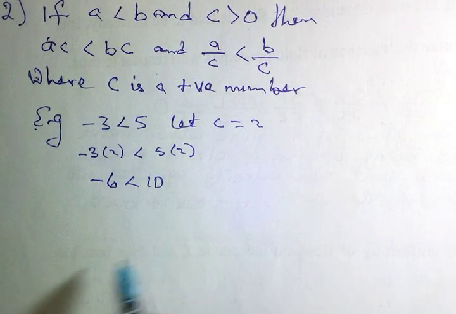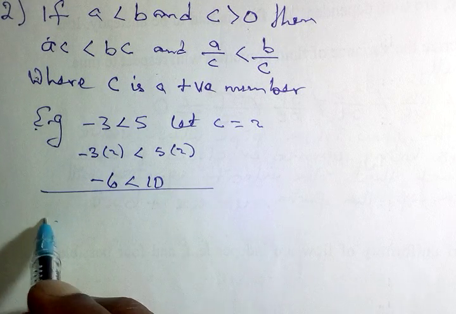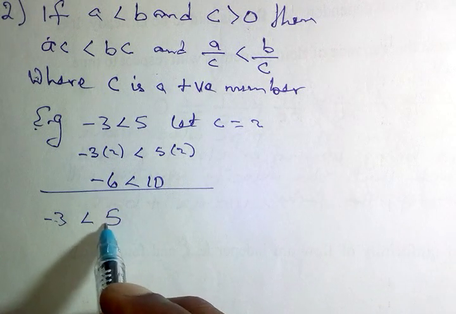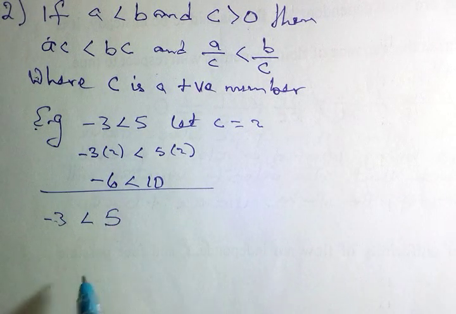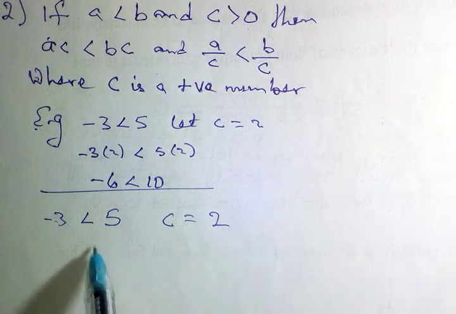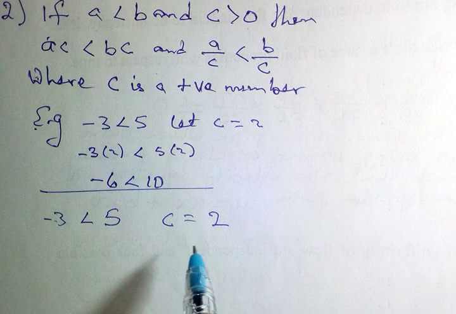again, if we still consider the same number, that is negative 3 less than 5, and C is still equal to 2, now we want to divide both sides by the constant 2.